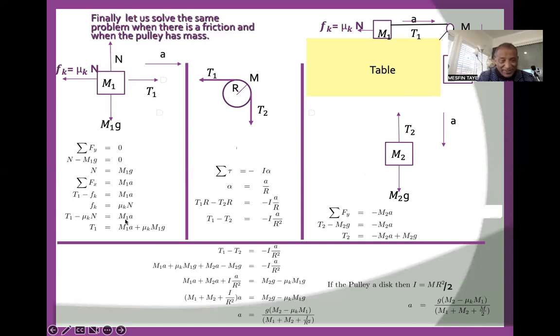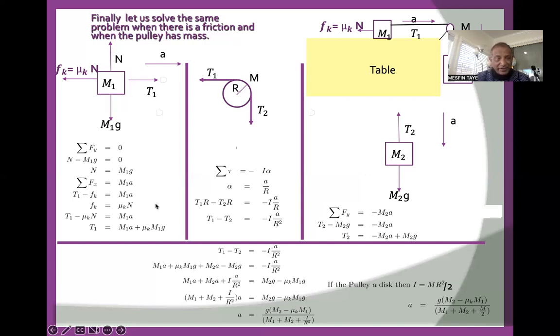Now I have T1 from the first free body diagram. I have another free body diagram from the pulley, and another from M2. Now take this: T1 minus T2 is negative I times A over R squared. Now bring it here. T1 minus T2 is equal to minus I A over R squared.